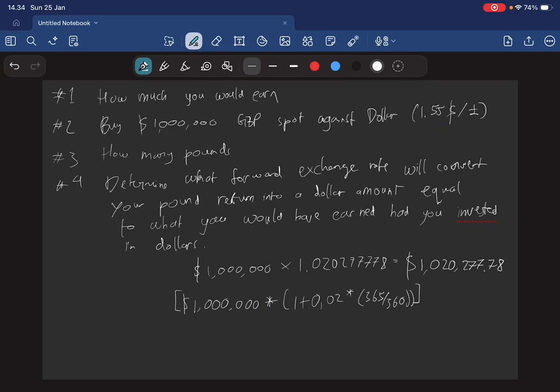and if we use this, divided by 1.55, we have 645,161.29 pounds sterling.